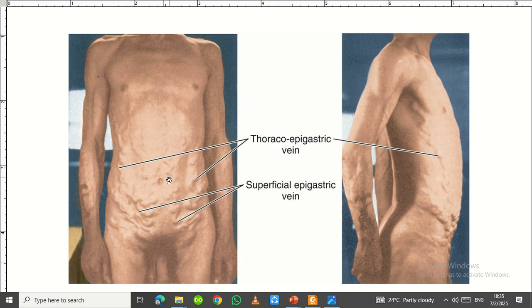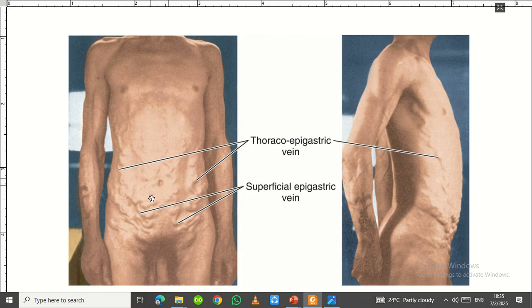So we find out that the para-umbilical vein is a tributary of the portal vein, while the superficial epigastric vein, which forms the thoracoepigastric vein, will be a tributary of the superior vena cava later. So this is the site of a portosystemic anastomosis, right?